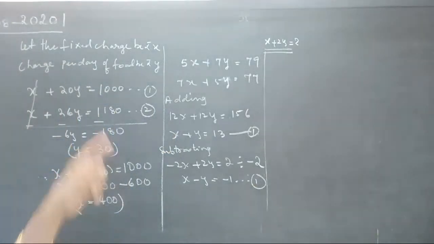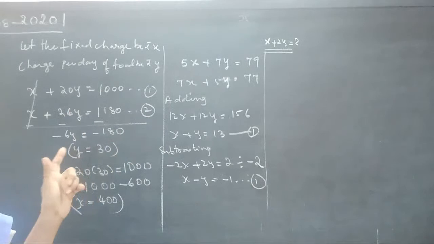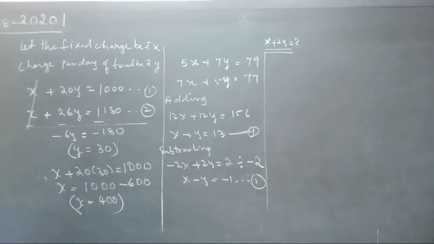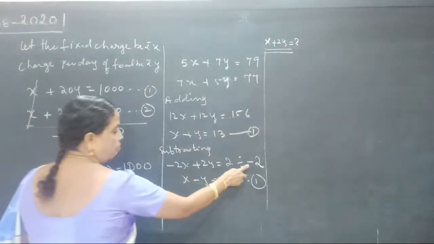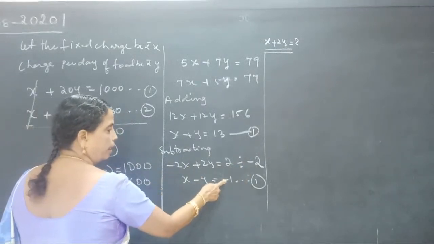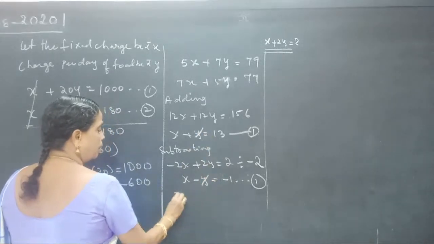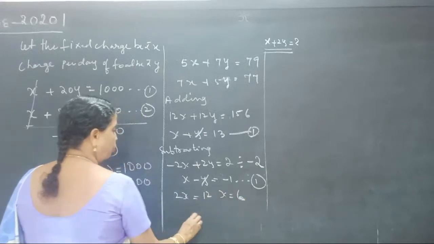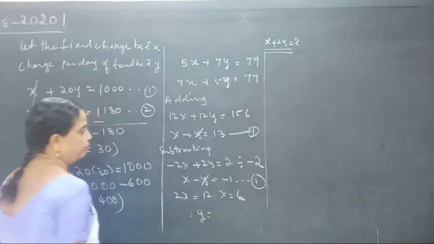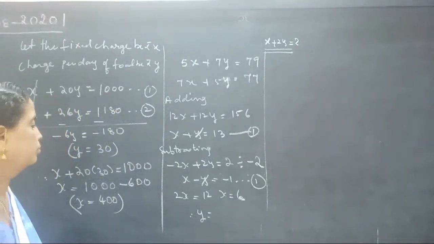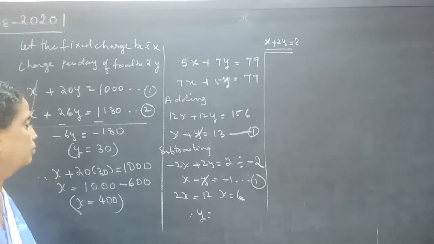That means without using the substitution method or the elimination method, I simplified the equation by adding and subtracting. Here I did the division by minus 2. Adding, y gets cancelled. 2x equals 12, x equals 6, therefore y equals 7.